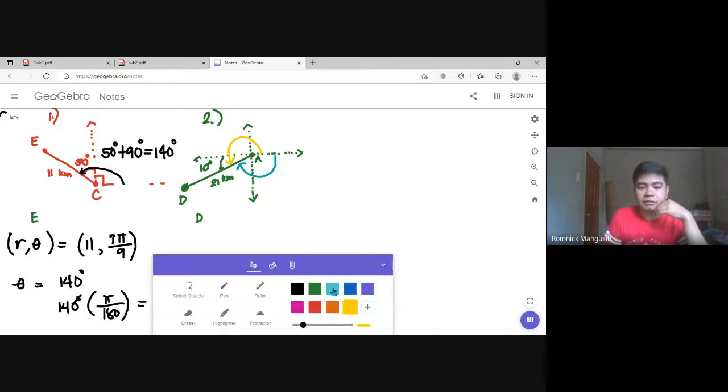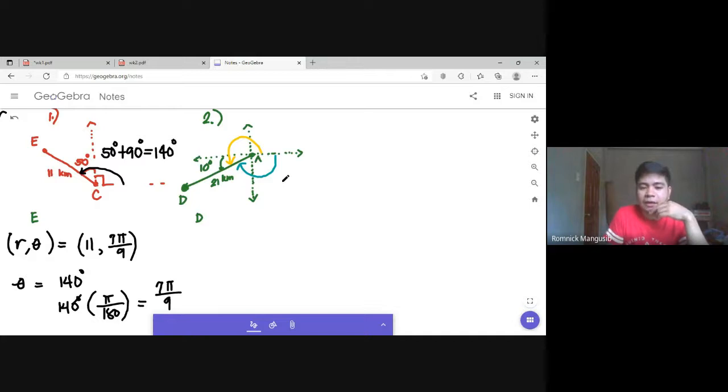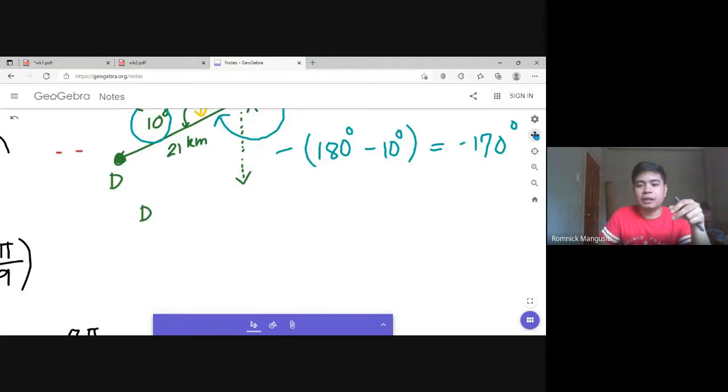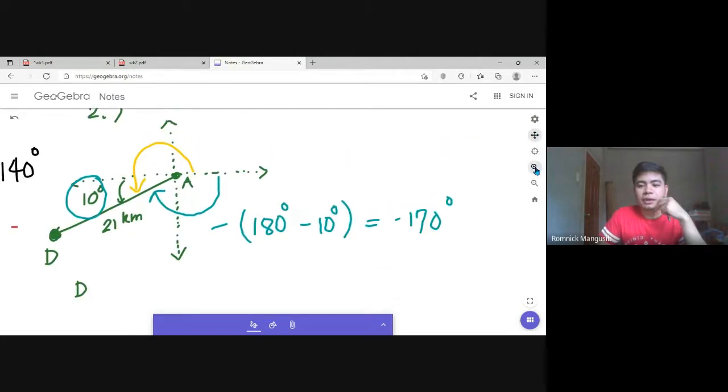So kapag sinolve mo siya clockwise, dahil nakikita mo this is 10 degrees, so 180 degrees, tanggalin mo ang 10 degrees, this will give you a negative 170 degrees, indicating clockwise rotation. Tanggalin mo lang yung 10 degrees na indication kanina. Okay? Yung yellow figure naman, that is for a counterclockwise rotation.